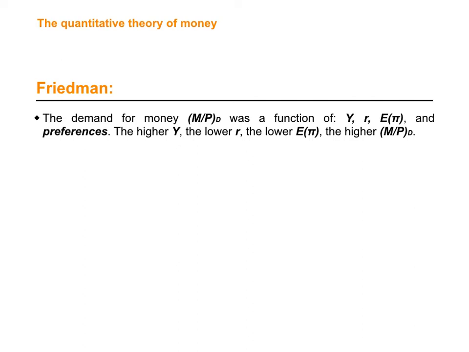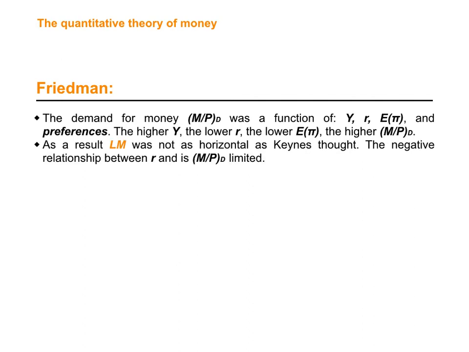So the higher the income, the lower the interest rate, the lower expected inflation, the higher is going to be the demand for money. That is important because as a result of this analysis, LM was not as horizontal as Keynes thought. So the negative relationship between the interest rate and the demand for money is limited.